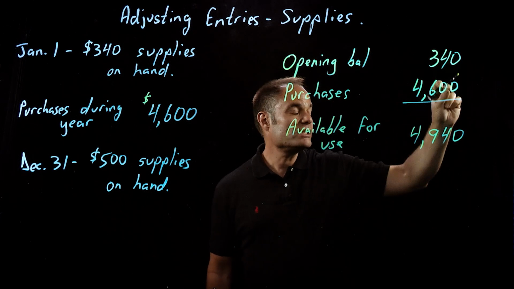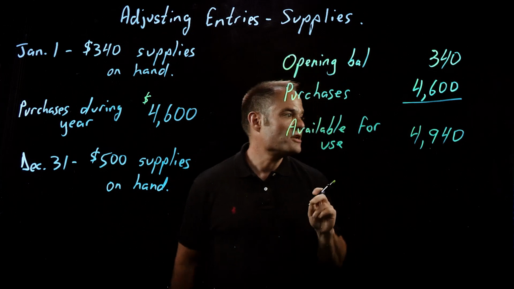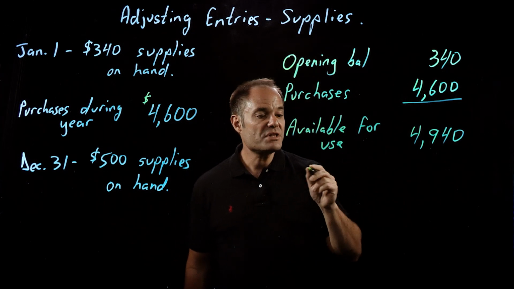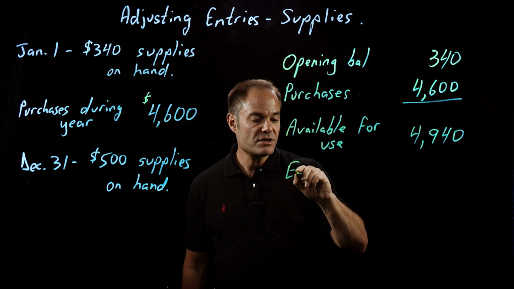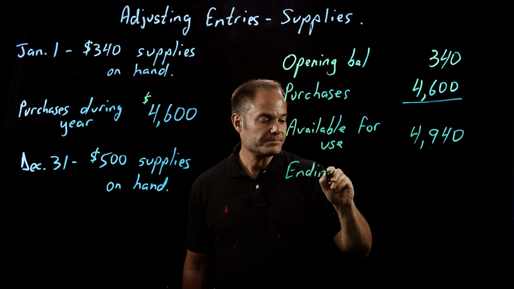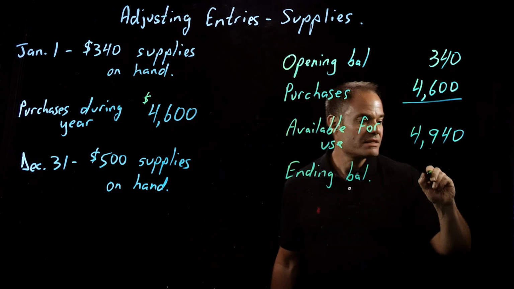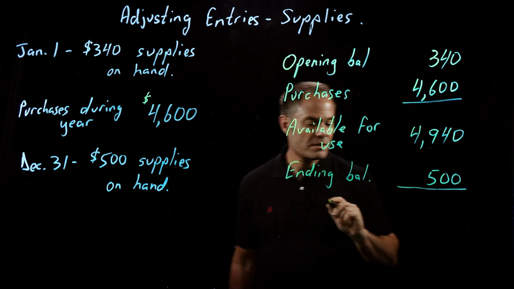What was there initially, plus all the purchases. Of course, we know that they didn't use it all because there were some supplies left over when they counted. So there was an ending balance, and the ending balance, we're told, was $500.